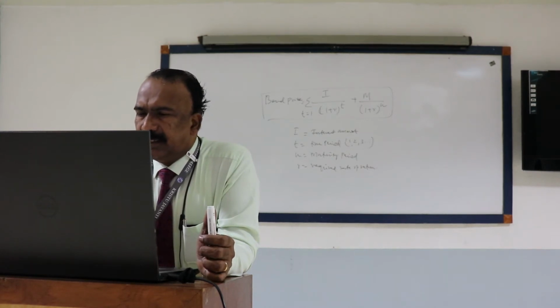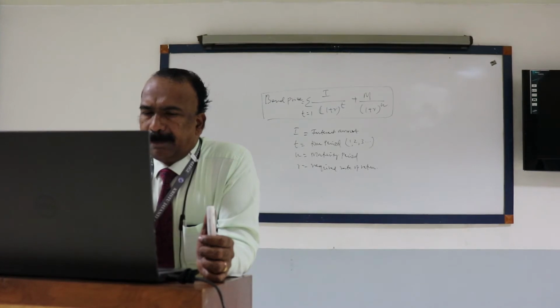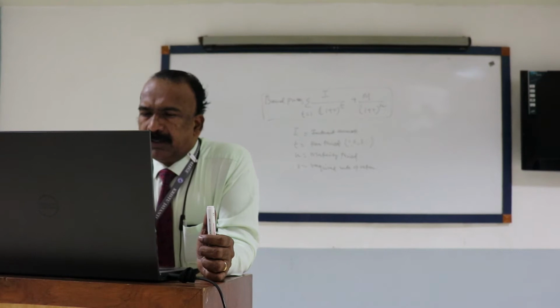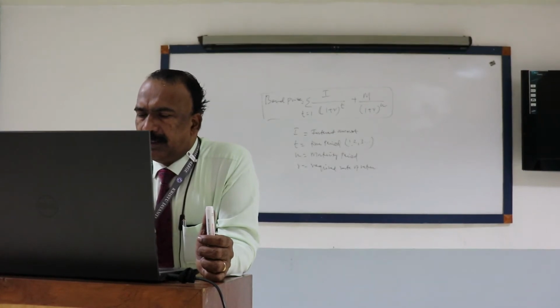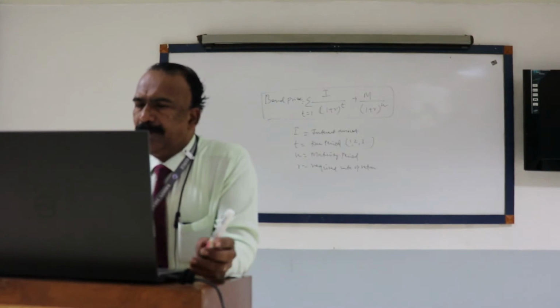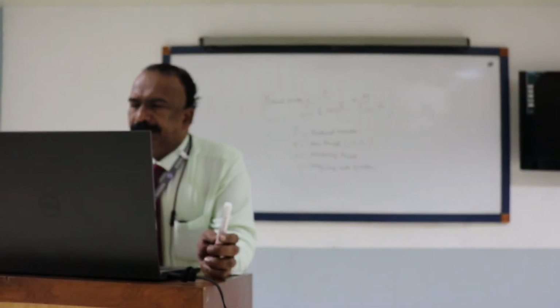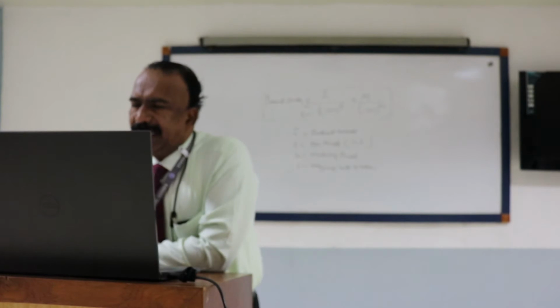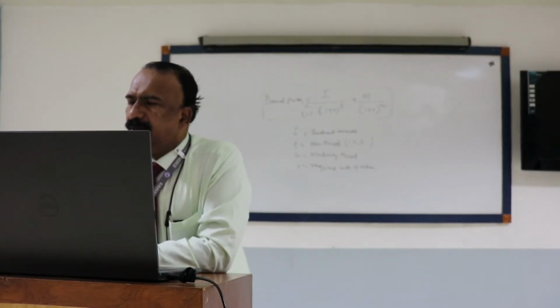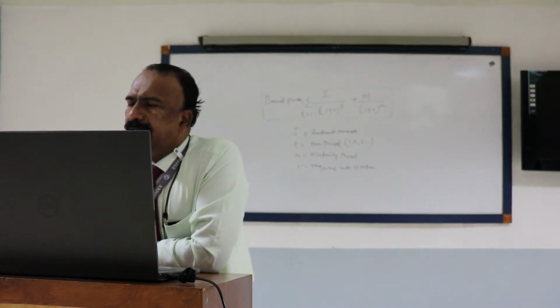Before that, it is given. Yeah. Okay. So you can write. Those who have notebook, please note down. Please note down. It is there. What is the price of 6.5%? All of you can see that it is there in the. It is there already. All of you can see that. Yes, sir, we can see.